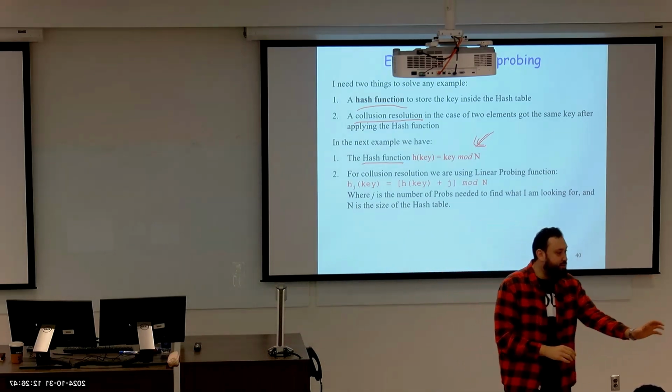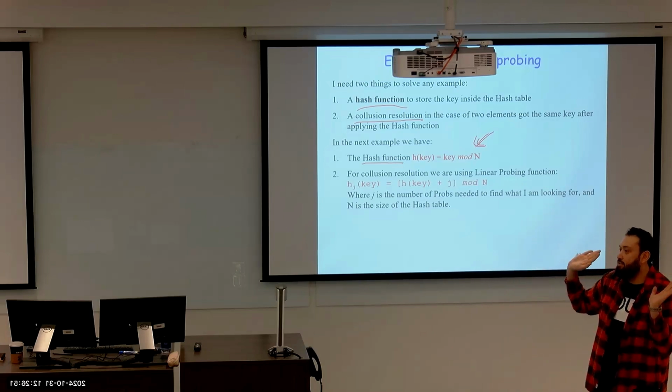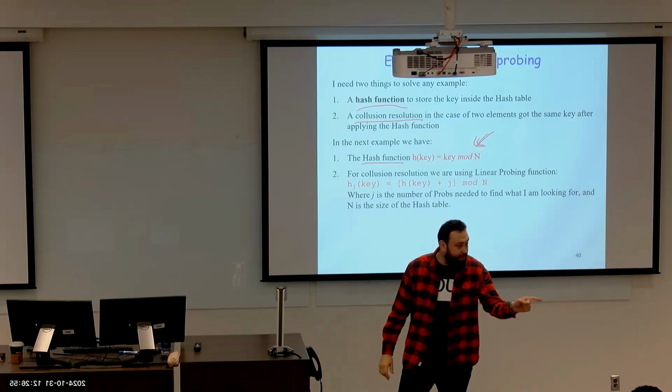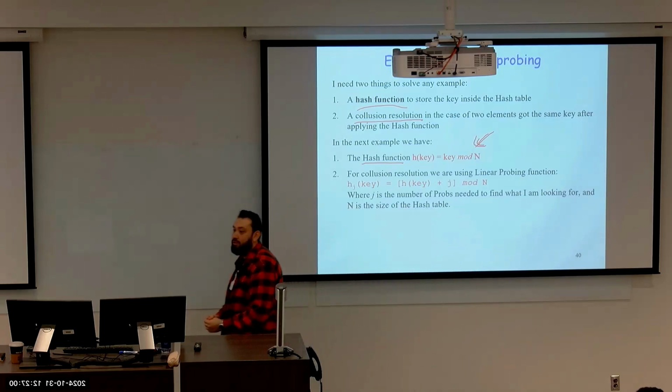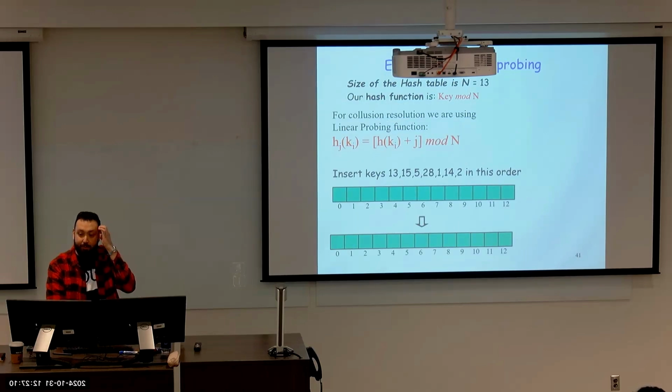Now, if Fida finds her place, I'm not going to jump to the second one. That's very good, I'm done. The hash function worked. Now, if she found that there's no empty space here, I need to use my collision resolution. My collision resolution for this example is the linear probing. So let's see an example.